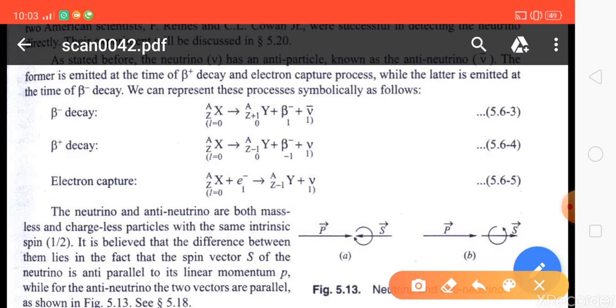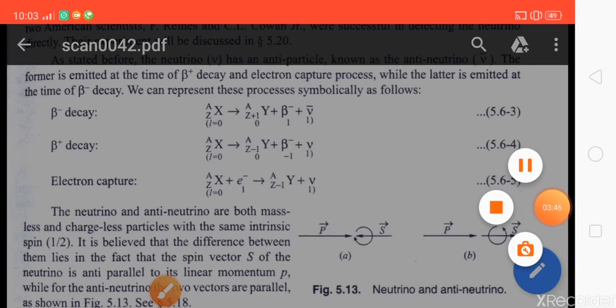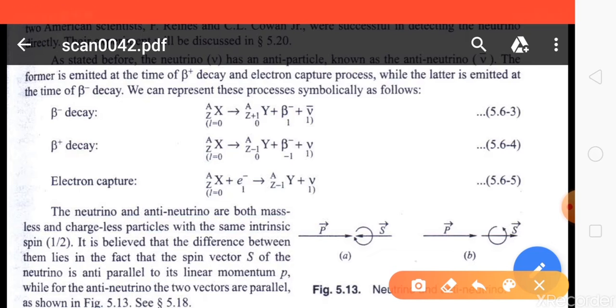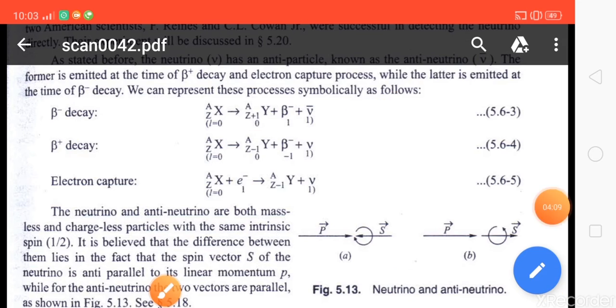You can see equations 5.63, 5.64 and 5.65. So in beta negative decay, equation 5.63, the Z is increased by 1 during the beta negative decay process and an antineutrino particle is liberated.